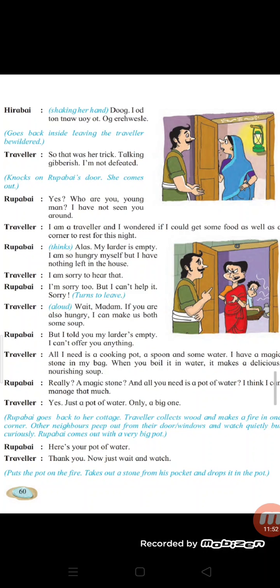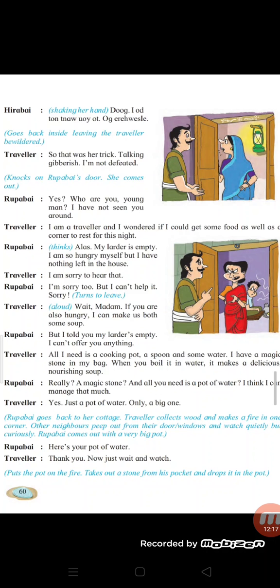Rupabai comes out with a very big pot. Rupabai goes into the cottage, and the traveler starts collecting wood and makes a fire at a corner.